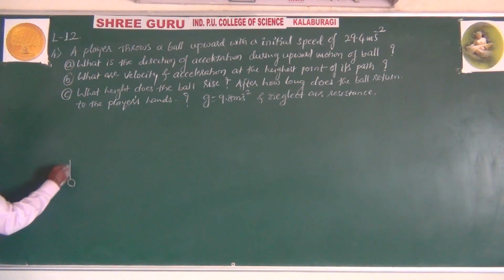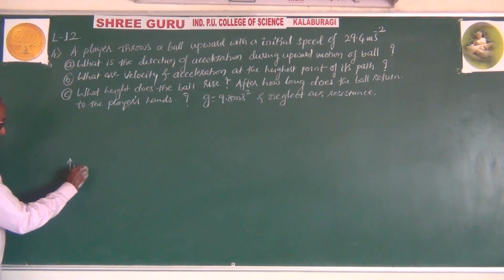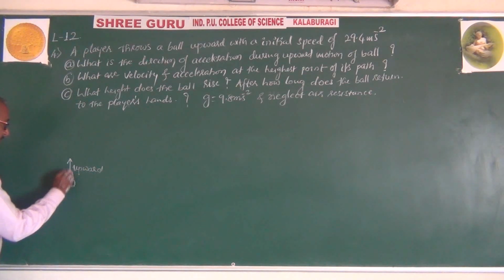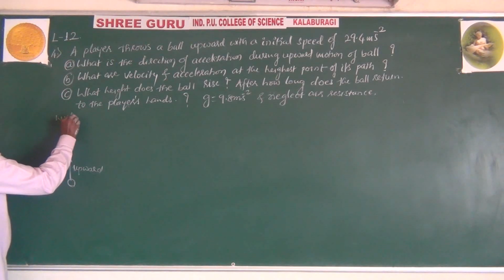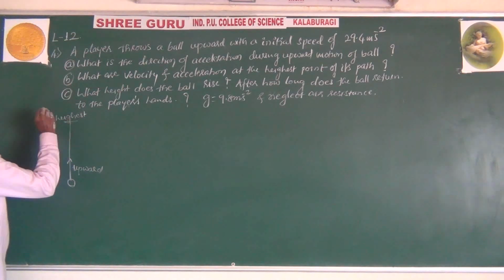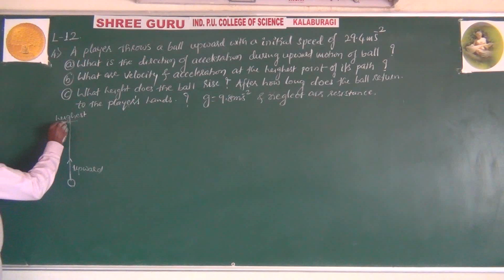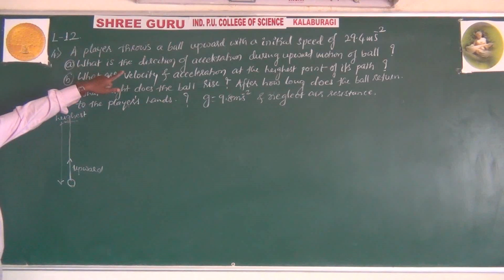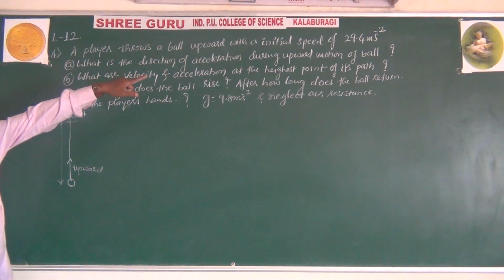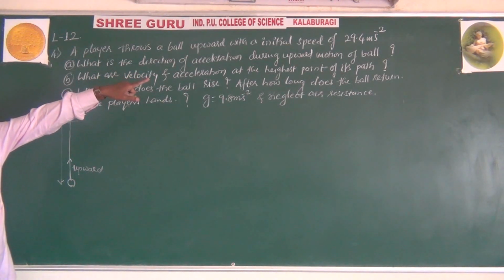The player will throw it upward, and it will reach the highest point. So what height will it reach? That we will see later. What is the direction of acceleration during upward motion of the ball?